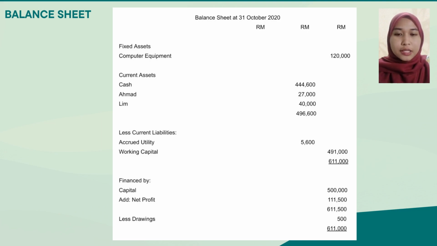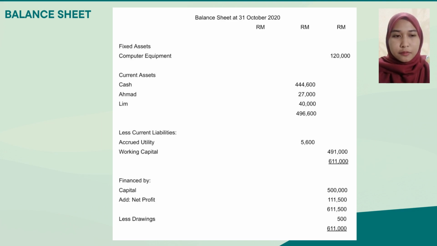Balance sheet at 31st October 2020. Fixed assets, computer equipment 120,000. Current assets, cash 444,600. Ahmad Senior Berhad 27,000.